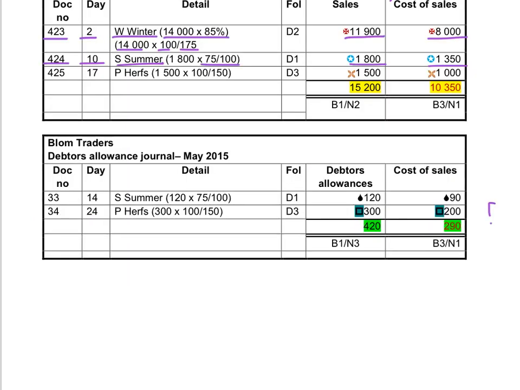In the debtors allowances journal, we will indicate that credit note 33 was issued on the 14th of May to S. Summer. We will reduce the sales via debtors allowances with 120 rand, and we will calculate the cost price and indicate that the cost price will be adjusted with 90 rand.